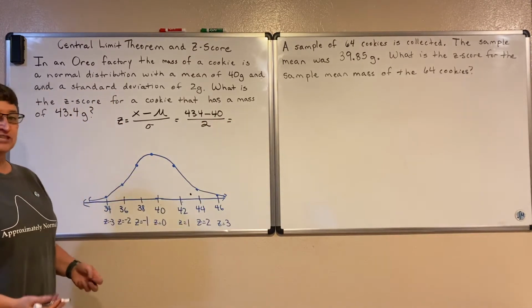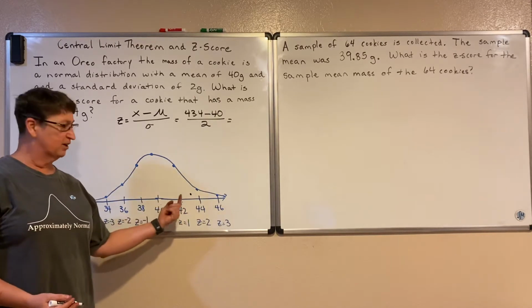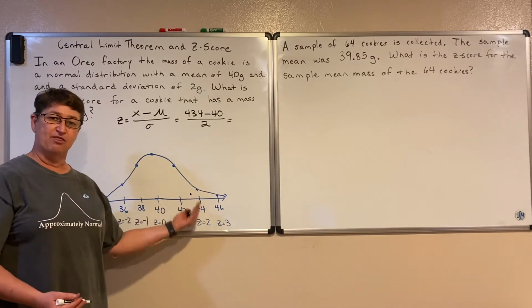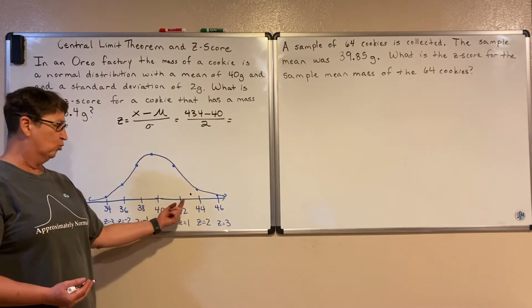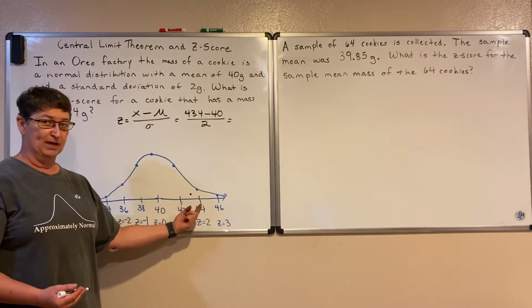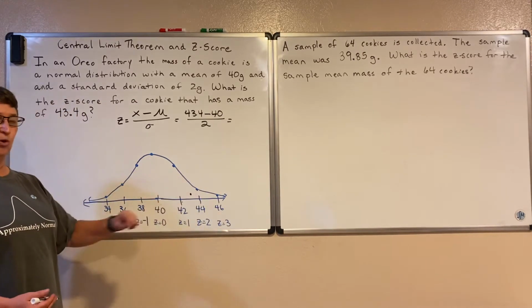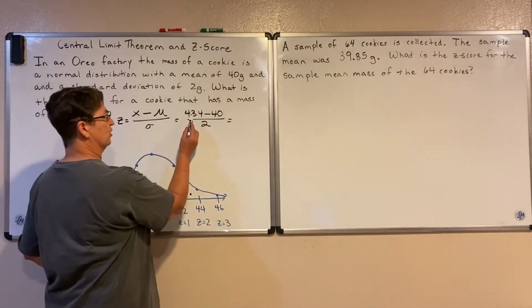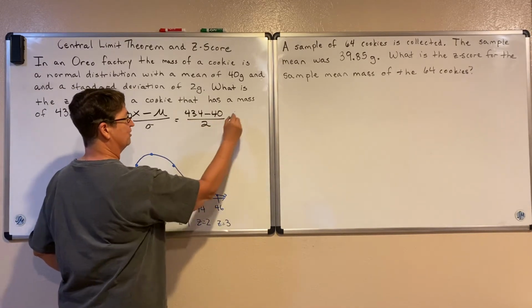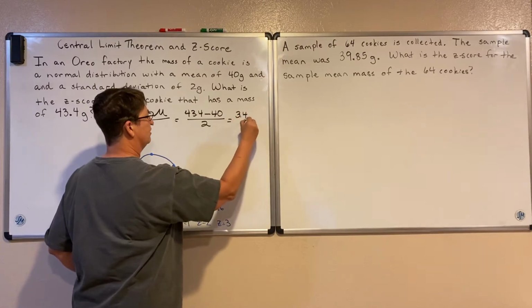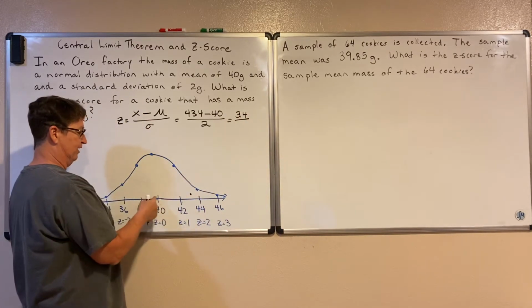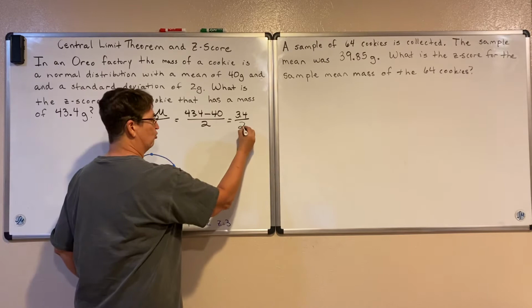We know that our z-score is going to be positive because our data value is above the mean. And it should end up being 1 and a little bit, just by looking at where it's sitting. So let's see if it really is. 43.4 minus 40 is 3.4. That's that distance from here to there. Divide that by the width of 2.